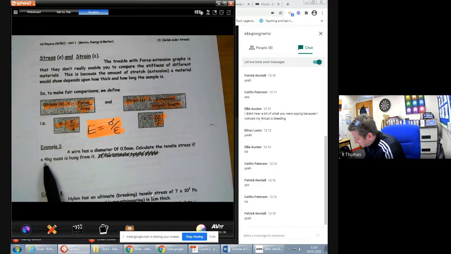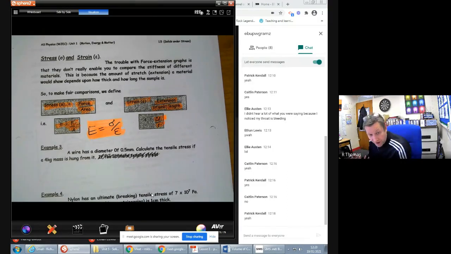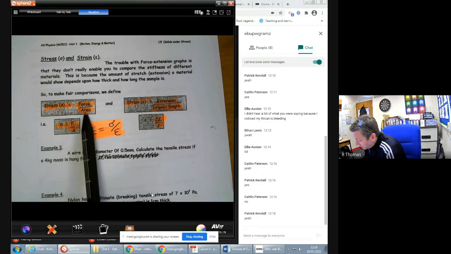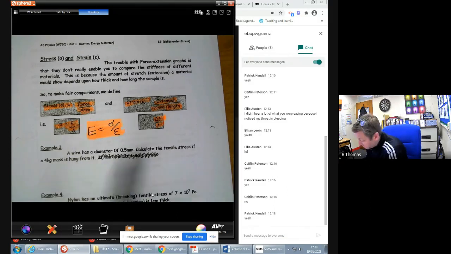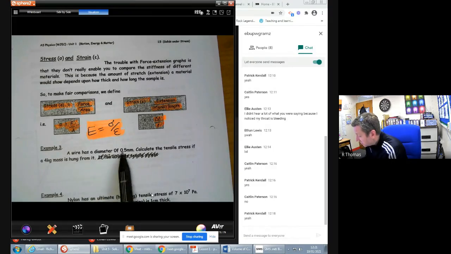This 4 kilogram mass is being hung, so the force on it is the force of gravity. So the first thing I have to do is 4 times 9.81 to get it as a force. And then I have to divide that by its cross-sectional area. We assume the wire is a cylinder, the cross-section is a circle, so I have to do pi r squared. And then, of course, the other easy mistake to make is to use the diameter instead of the radius.